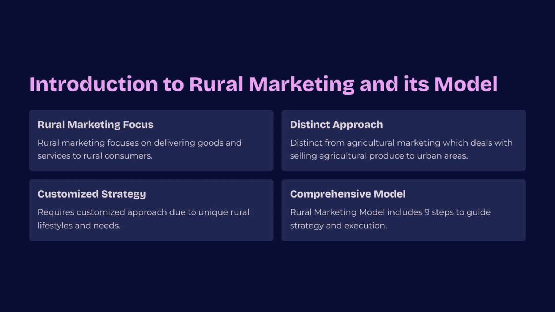Given the unique characteristics, lifestyle, and challenges faced by the rural consumers, a customized marketing approach is necessary. To effectively navigate this background, firms often adopt a rural marketing model. This model has a sequential, step-by-step framework that guides market entry, penetration, and growth strategies in the rural regions.